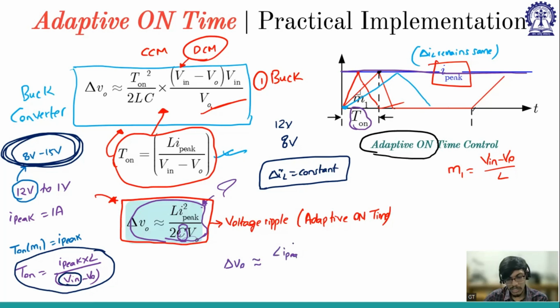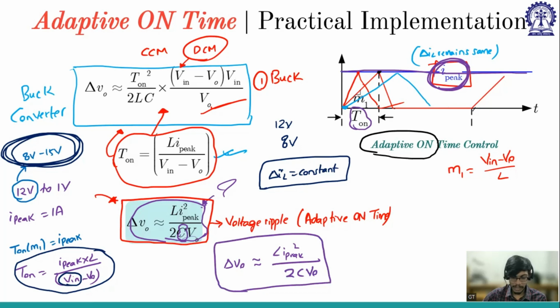So delta V naught is the effect and this is the cause. Our main motive is we are maintaining I peak, and if I peak is maintained, we are checking what delta V naught is. So from that expression, delta V naught is dependent on I peak, but since we are maintaining I peak constant, and also L, C, V naught are constant, my delta V naught will also be constant.